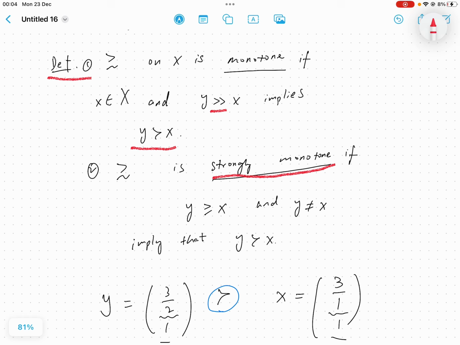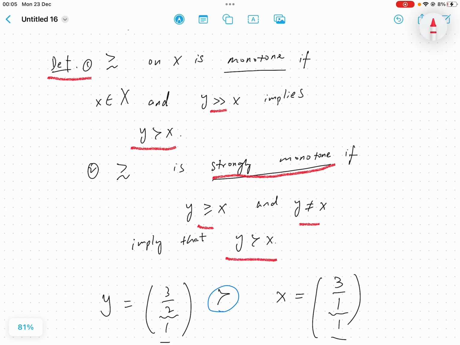It asks that if each entry in y is greater than or equal to x, but those two vectors are not exactly the same, so there has to be at least one entry that is different, where the entry in y is strictly greater than that in x, then this implies y is strictly preferred to x.